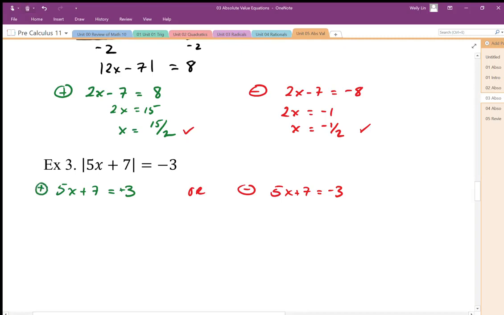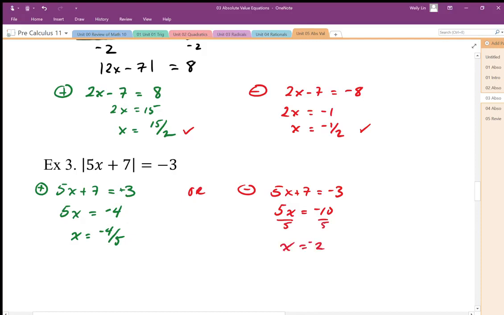Go ahead and solve. This seems fairly consistent. 5x equals negative 4, x equals negative 4 over 5. That's one solution. And here, if I subtract 7 from both sides and divide both sides by 5, I'm going to end up with x equals negative 2.